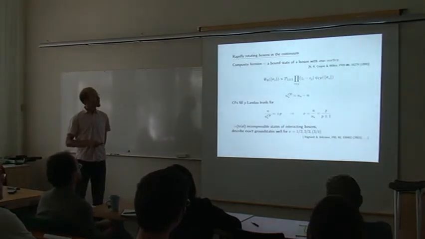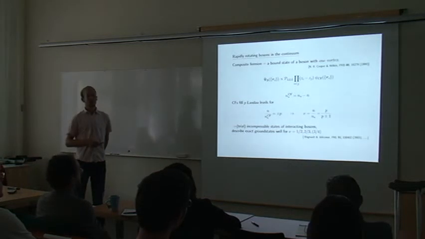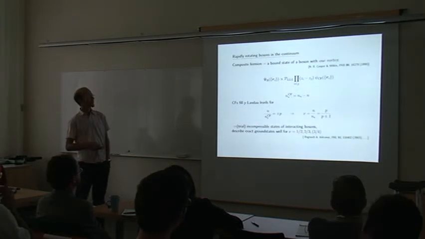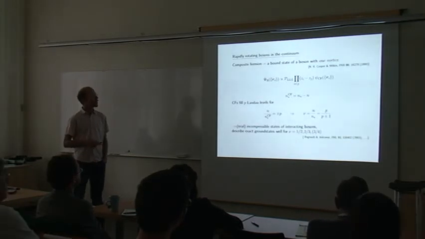This is described on the level of the wave function by writing such a Jastrow factor which describes flux attachment, and the composite fermions are then described by an effective wave function for the particles, and to get a physical result, we usually project this down to the lowest Landau level.